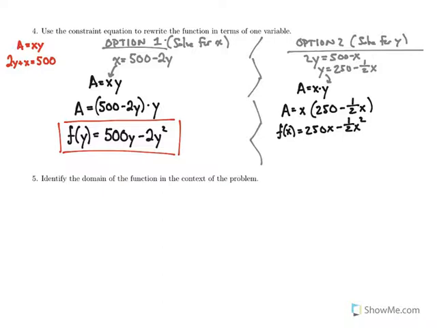So we're going to try to minimize or maximize that function, find the global min or global max of that function on some interval. What is that interval? That's our next step, find the domain. And that's going to be asking, what is the largest value y can be, and what's the smallest value y can be in context of the problem?